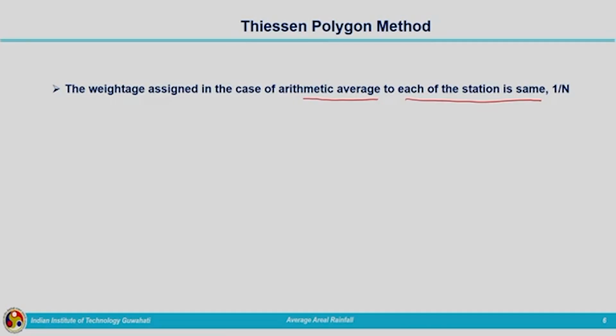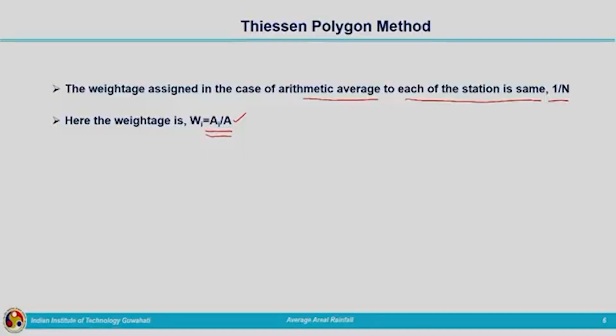So the weightage in the arithmetic average method was 1 by n, and in the Thiessen polygon method it is Ai divided by A. Here a representative weightage in terms of the total area and the area of the Thiessen polygon is used, but in the simple arithmetic average method the weight depends only on the number of rain gauges, that is 1 by n.